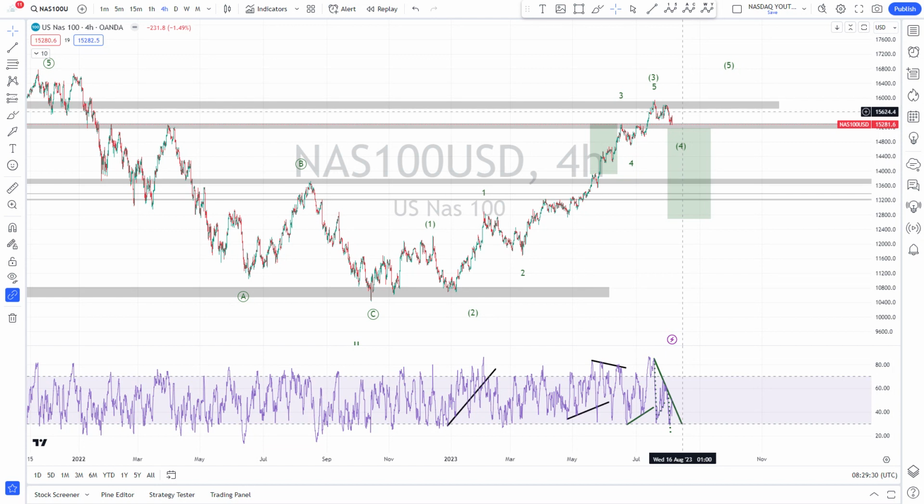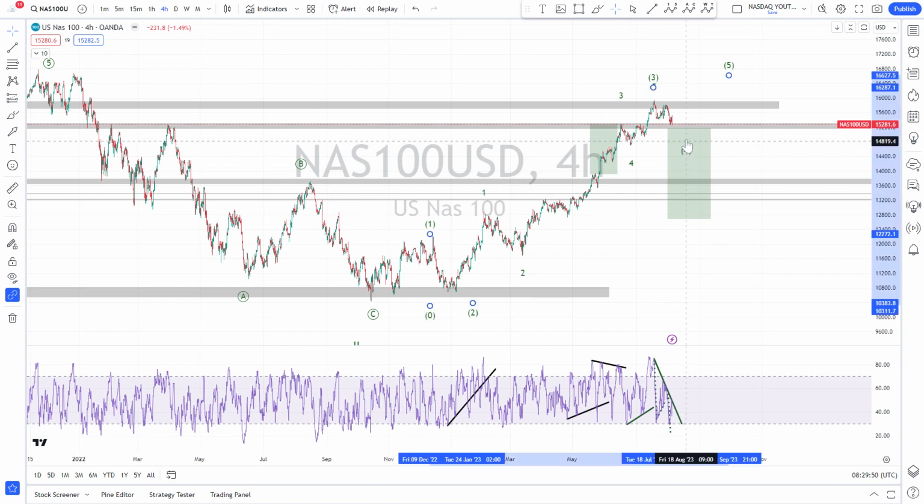Then this would be a wave X. Then we would see more downside as a wave Y in 3 again, 1, 2, 3, deeper into this area. So like in the bullish scenario, this would be my bearish case, so that we have a deeper wave 4, and this we will analyze next week.